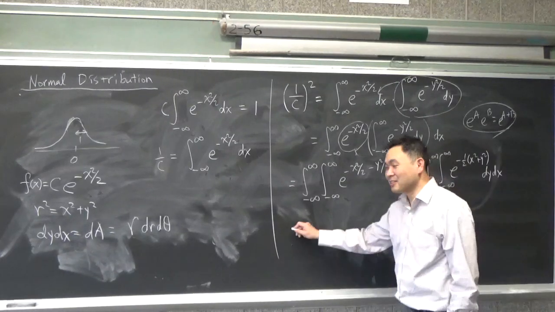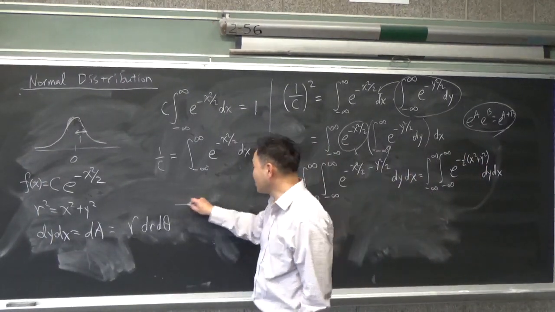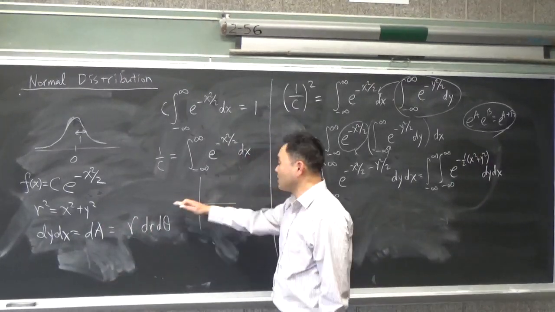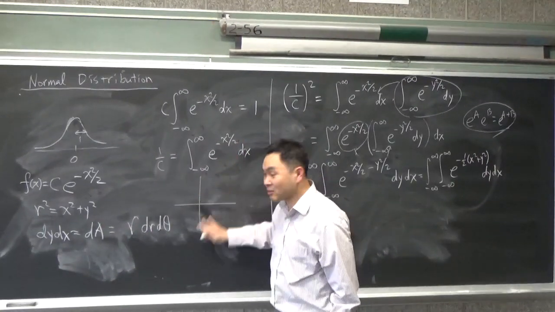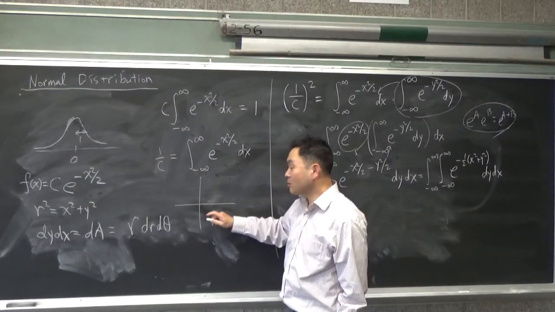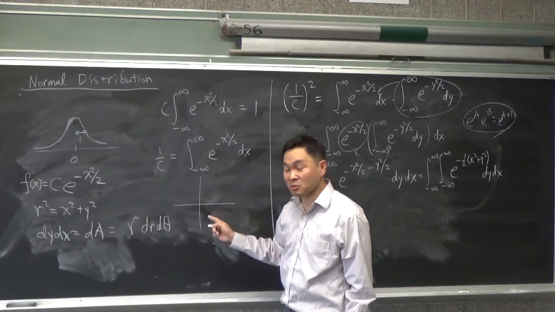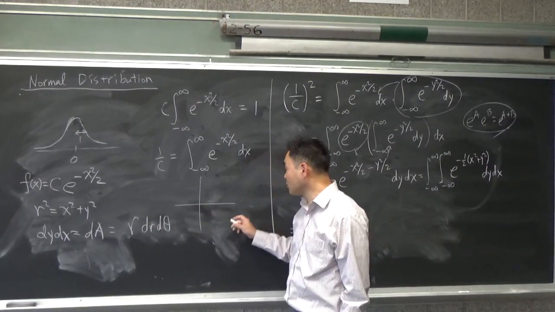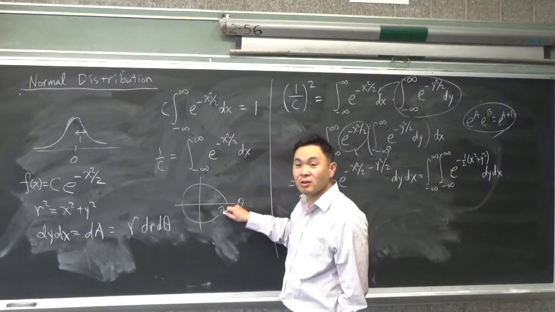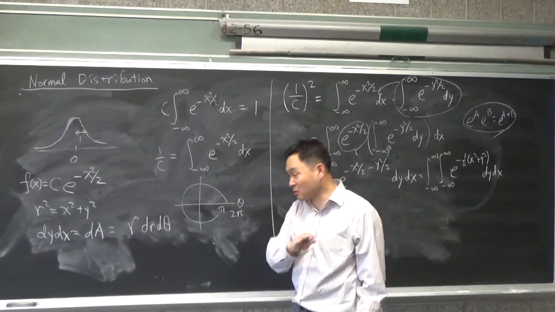Okay. All right. So what you do is in the polar coordinate system, if you see dx dy going to infinity for both, that gives you the entire two-dimensional plane. But if you want to represent the entire two-dimensional plane using r and theta, here's how you do it. Theta goes from 0 until 360, 2 pi. You use radians in calculus. You don't use degrees, okay?